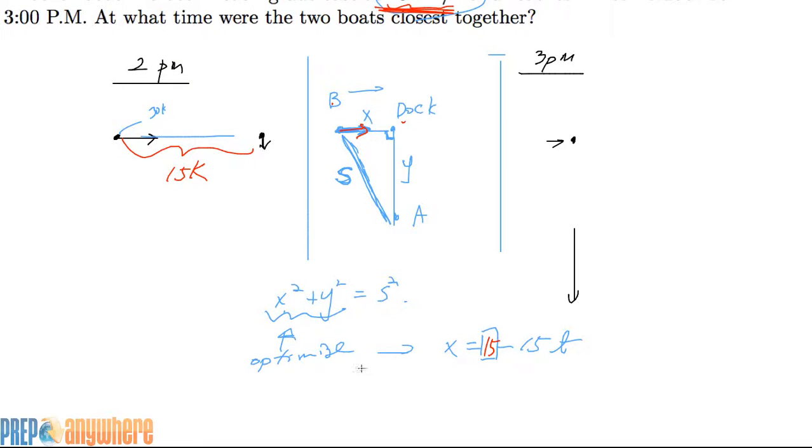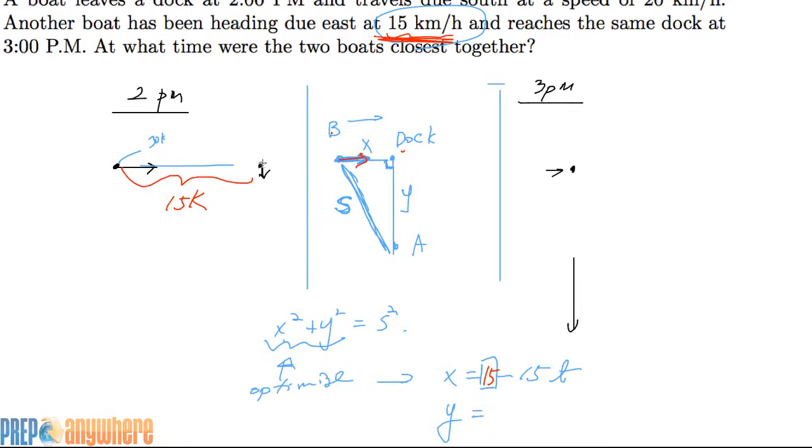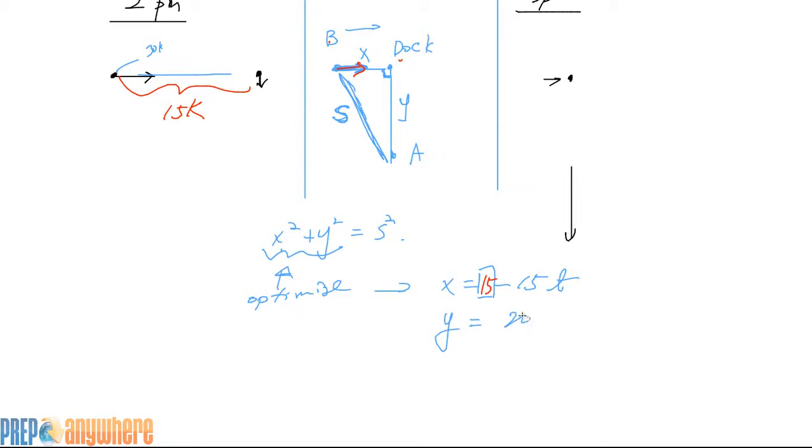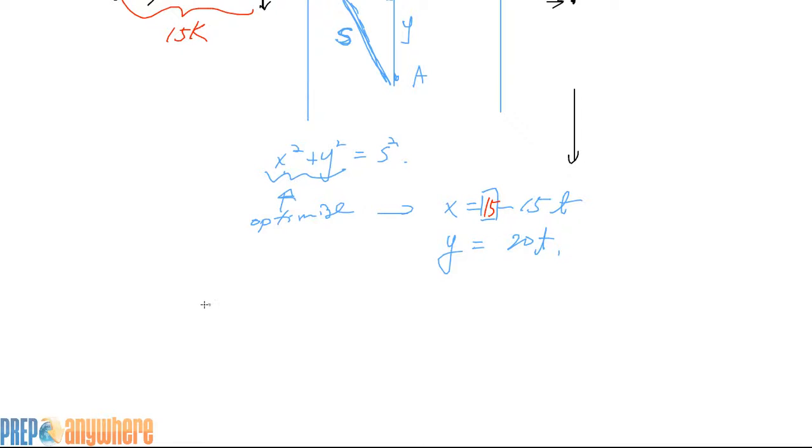Okay, so now for Y, what about Y? Initially there was no distance, but it's growing at 20. Yeah, so 20t. Now S squared can be expressed with only one variable: (15 minus 15t) squared plus (20t) squared.